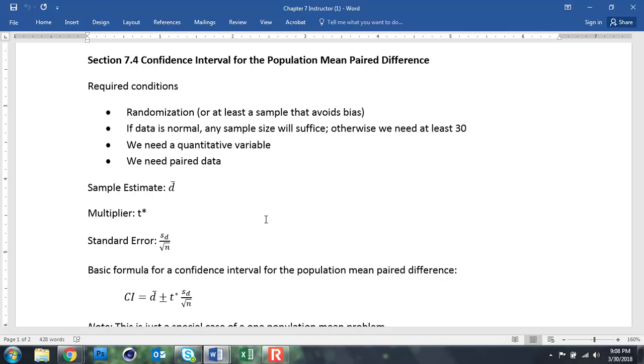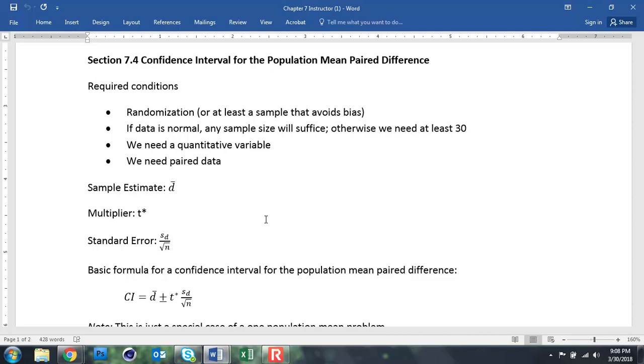So you have your beginning weights, your ending weights, your height, your wingspan, the first piglet, the second piglet. You find the differences between all of those data points, and d bar is the average of those differences. It's the sample mean of all of our paired differences.